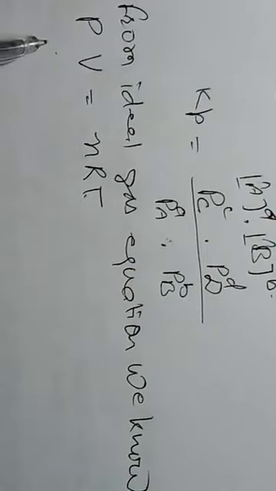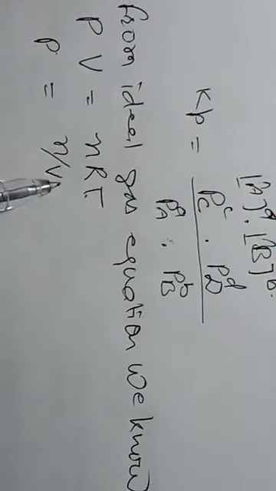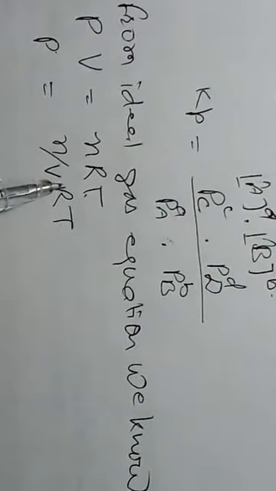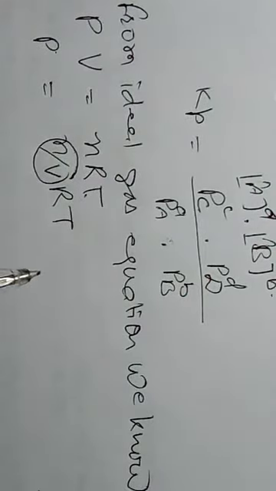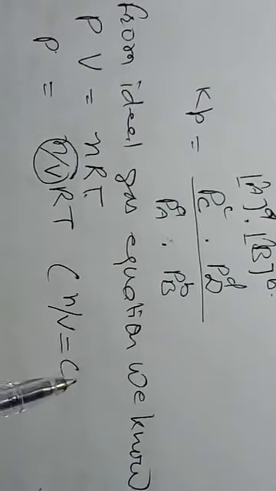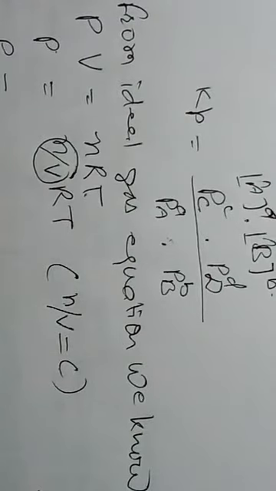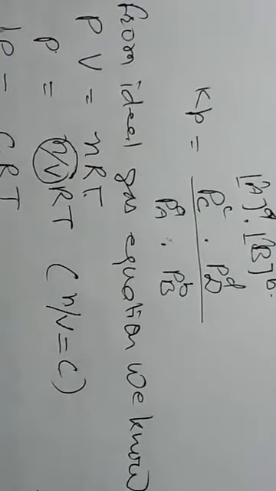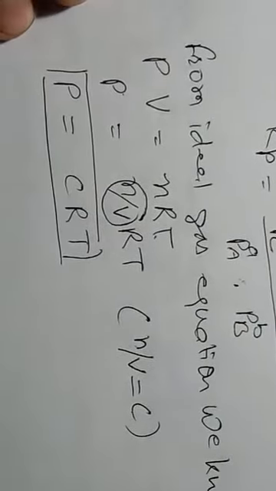We can write this relation as P equals n upon V times RT, where n upon V is the molar concentration, which we can write as C. So when we convert n upon V equals C, the relation will be P equals CRT, where C is molar concentration.